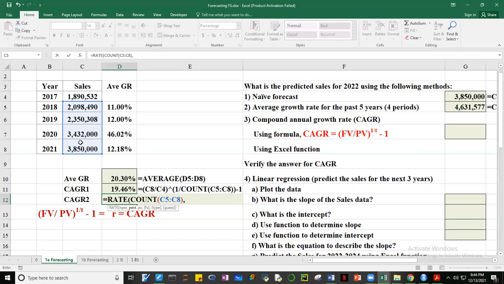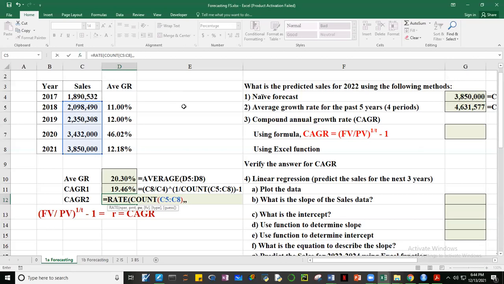Ano yung PMT natin? May PMT ba yan, guys? May annuity ba tayo dyan? Wala naman tayong annuity dyan, di ba? Right? So ignore, guys. No annuity. These are individual cash flows. Hindi siya tigo 100,000 lahat pare-pareho, no? So that's not an annuity.